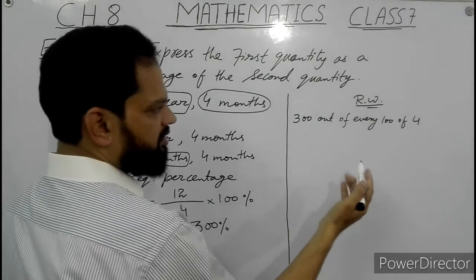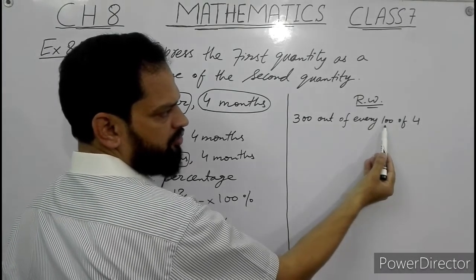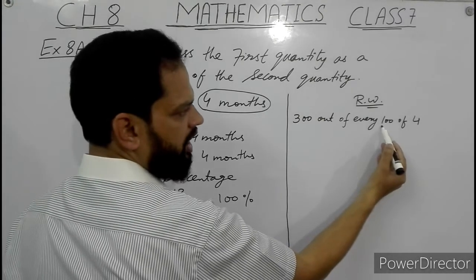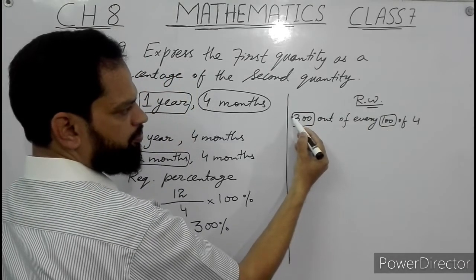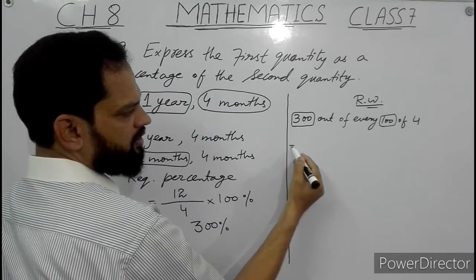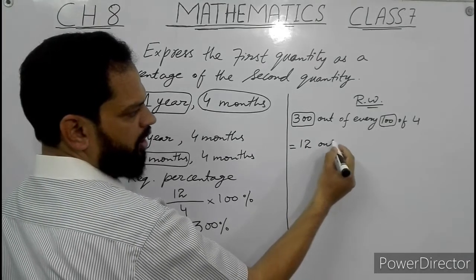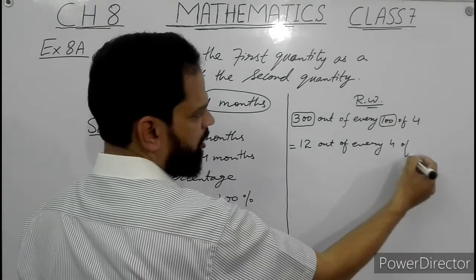Now the problem is, how can we take 100 from 4? It's impossible. So it's just a representation. We will divide 100 and 300 by 25 to get 12 out of every 4 of 4.